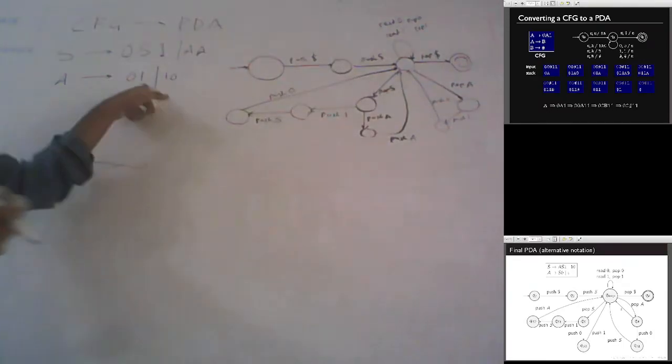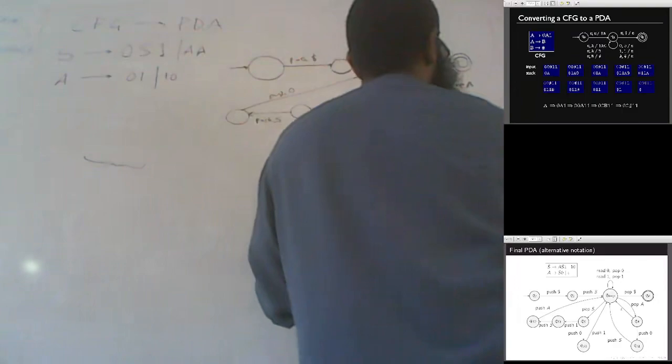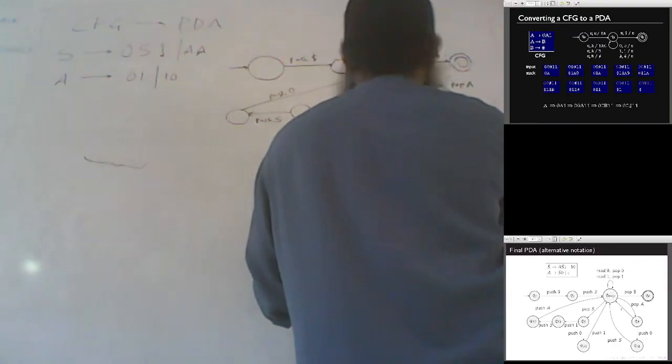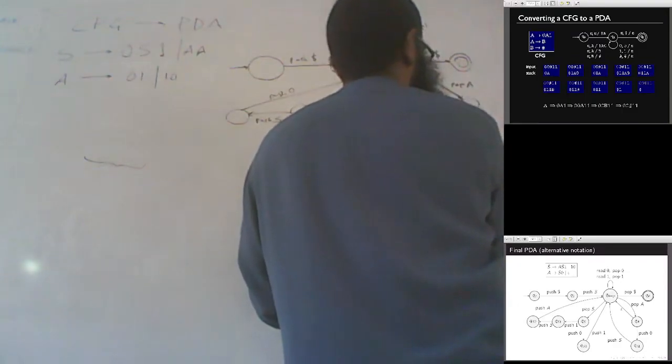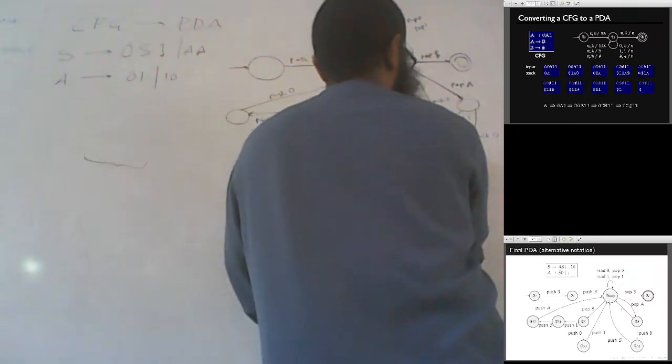That takes care of the 01 rule. We also have a 10 rule where we push the 0 first and then we push the 1. So let's push the 0 to this state and then push 1.